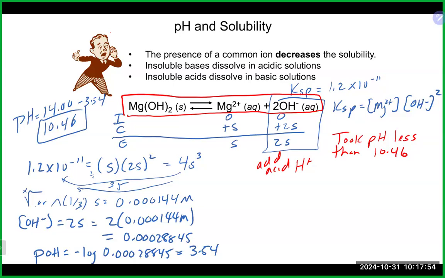Since obviously H plus is not in equilibrium, but H plus will most likely react with hydroxide, right? Because H plus will react with the hydroxide that's there. And when you have H plus and hydroxide, you make water.